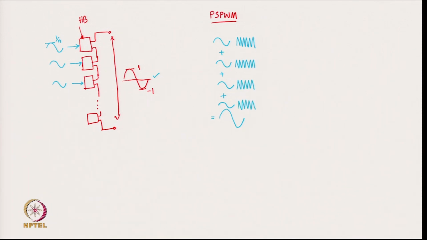So, the trick here in phase shift PWM is that there is a slight phase shift. So, if you draw this one, there will be a slight phase shift between the carriers, and that slight phase shift causes the first band of harmonics to shift more and more towards the higher side in the harmonic spectrum.